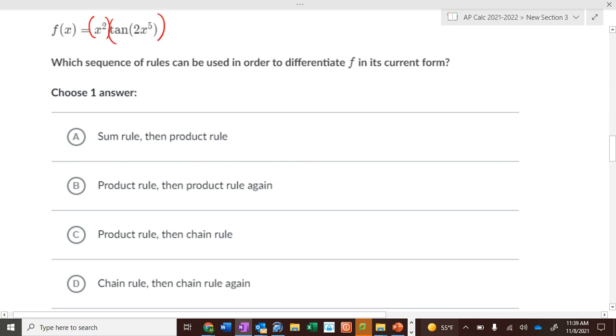So we've got the product rule has to be done first because you have to take x squared times the first derivative of tangent of 2x to the fifth plus the tangent of 2x to the fifth times the first derivative of x squared.